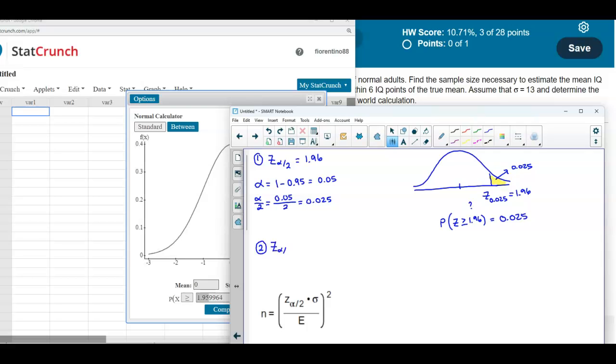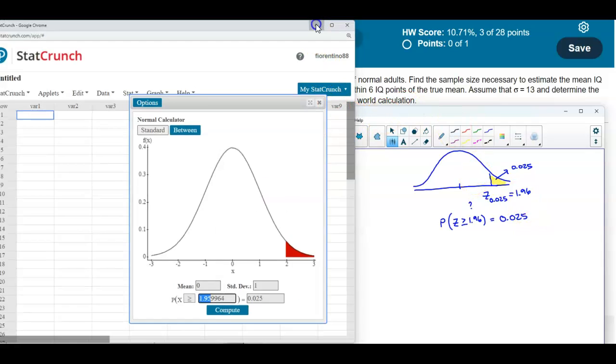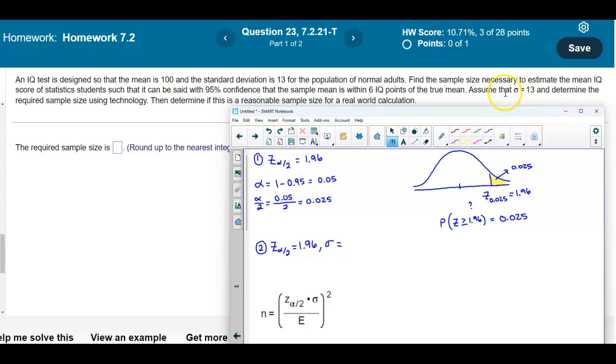Okay, so now that we have that, in step 2, let's write that down. The critical z-value is 1.96, and let's gather the other information given in the problem. We know the population standard deviation is equal to 13, and the margin of error is within 6 IQ points, so it's going to be 6.